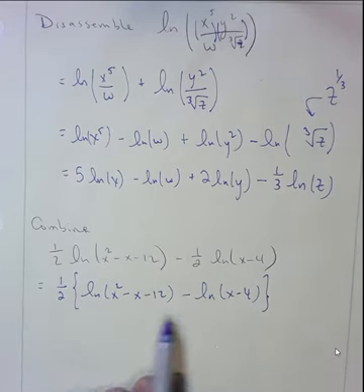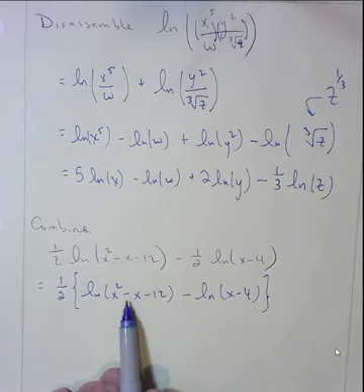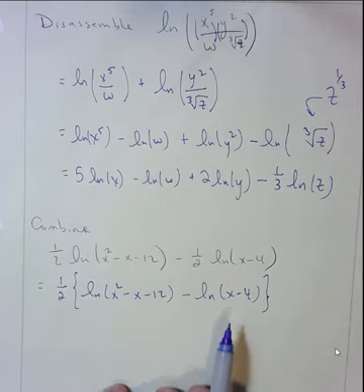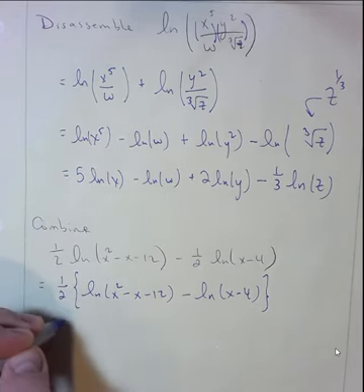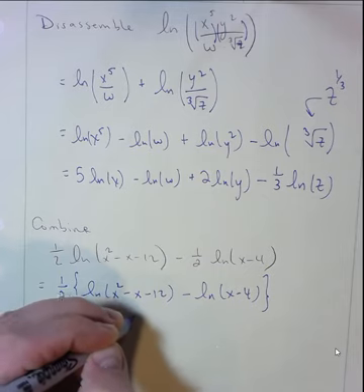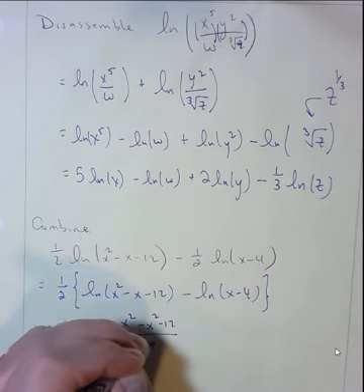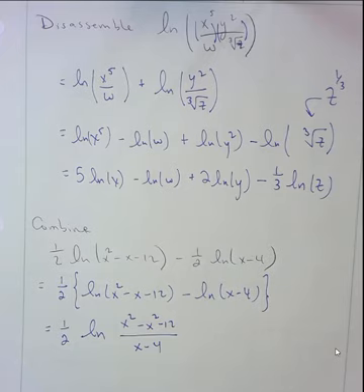And now we can look at these logarithms and say, look, it's a difference of 2 logs. It's the log of this large item minus the log of that large item. So we can work our subtraction versus quotient property in reverse and write that as the log of a quotient instead of the difference of the 2 individual logarithms.